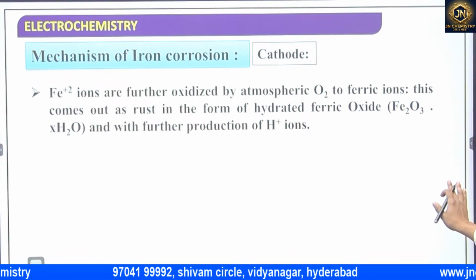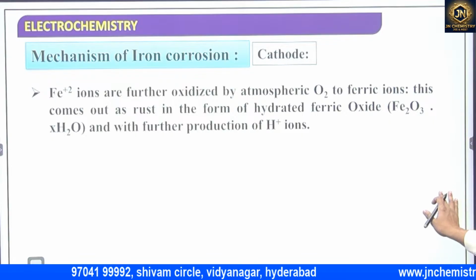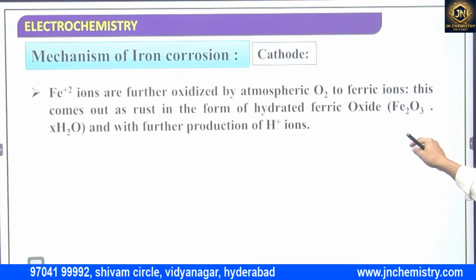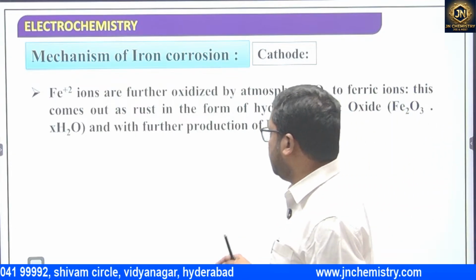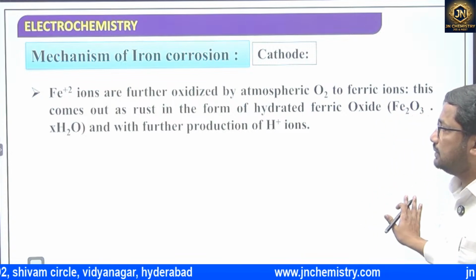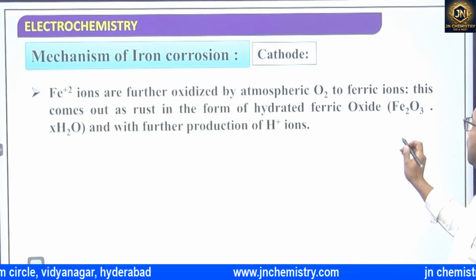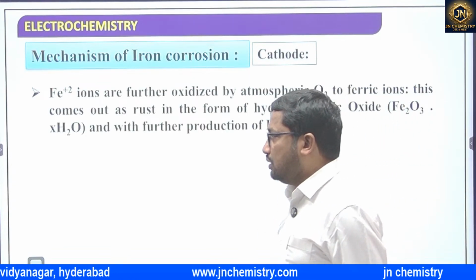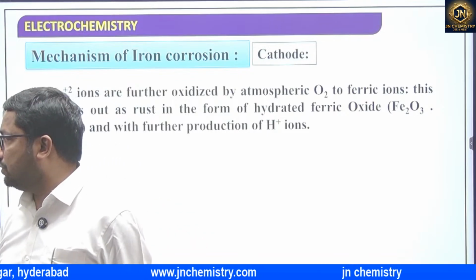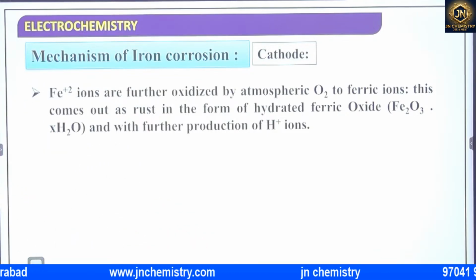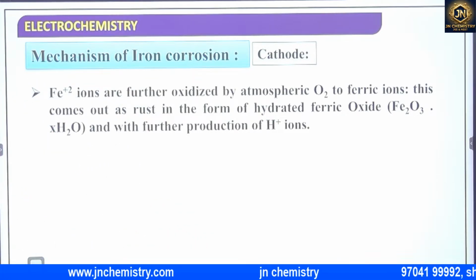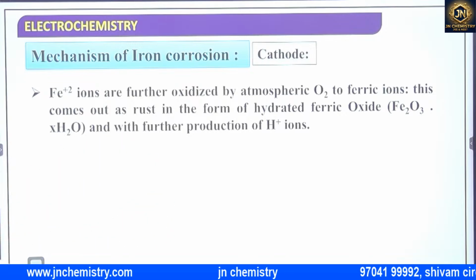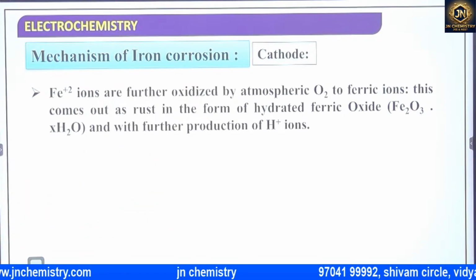So with ferric, this rust we call ferric oxide, Fe2O3.xH2O, with further production of H+ ions. Write this down once. Fe2+ ions are further oxidized by atmospheric oxygen to ferric ions.